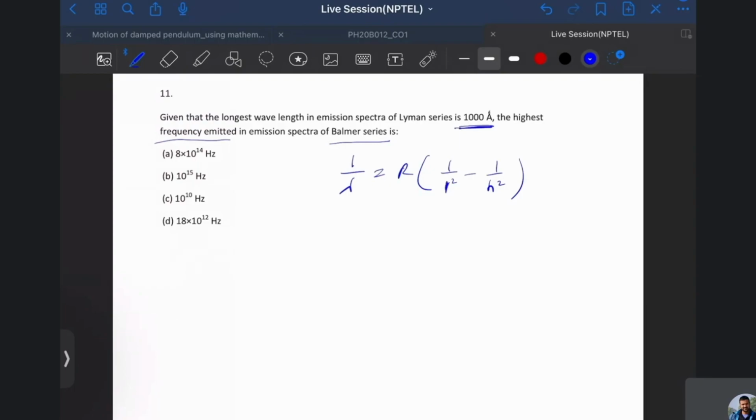So when do you have the longest wavelength? When n is equal to what? I told this before.